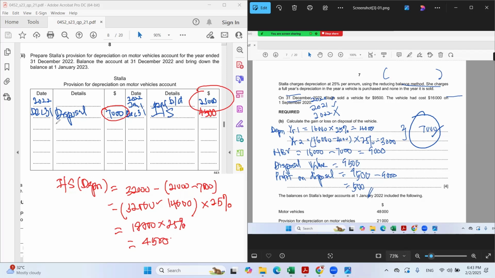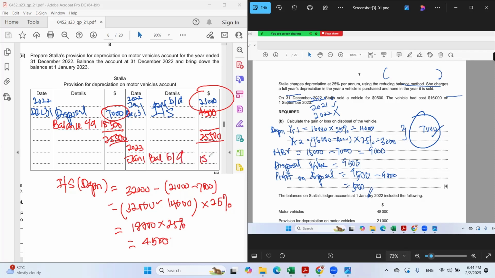Okay, so the balance c/d will be the total: 21,000 plus 4,500, which is 25,500. Take 25,500 minus 7,000, and we will get 18,500. So bring it to here, 2023, January 1st, balance brought down.